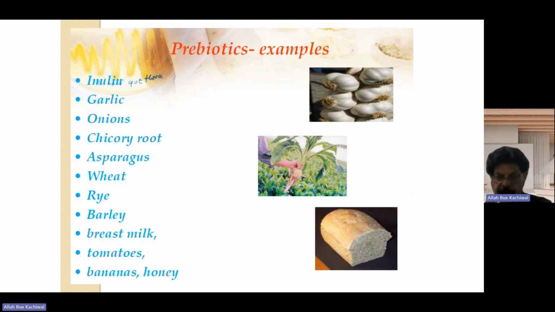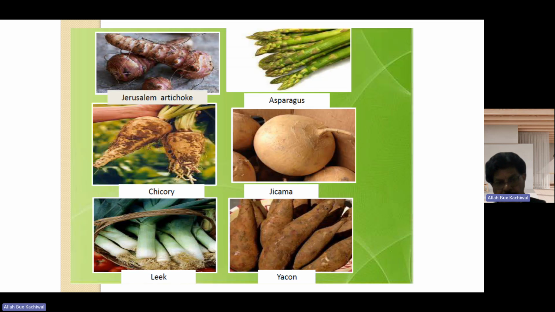So inulin, garlic, onion, chicory roots, asparagus, wheat, bread, barley, breast milk, tomatoes, bananas, honey, all these ingredients are examples of prebiotics which are mixed in human food as well as in animal food.